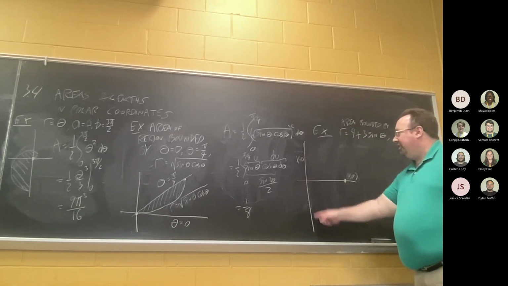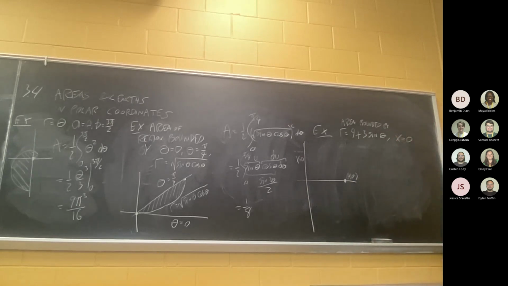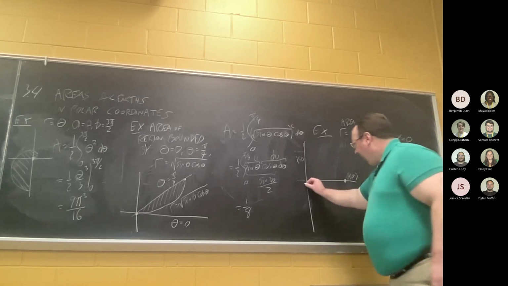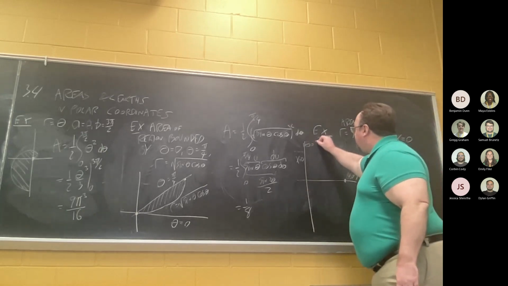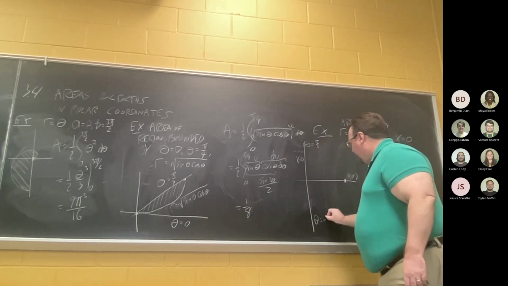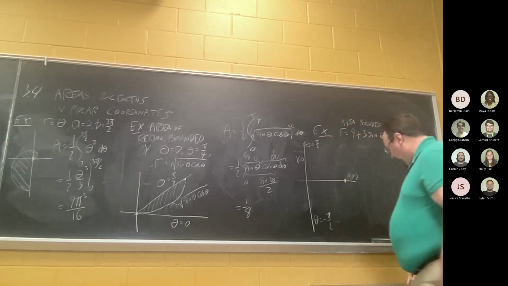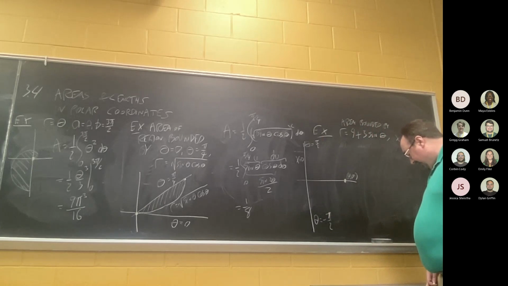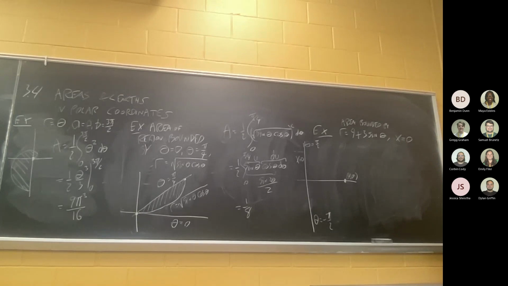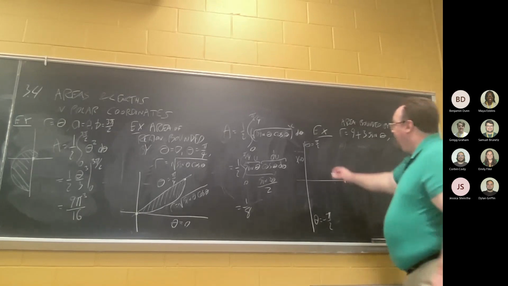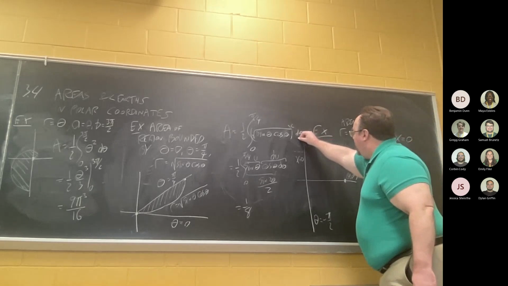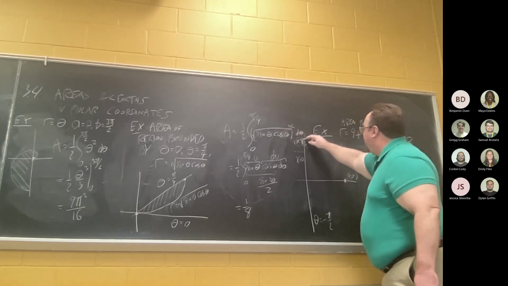But keep in mind, the y-axis, what angles does it correspond to? Yes, 3 pi over 2, or by periodicity, minus pi over 2. So here we have theta equals pi over 2, theta equals minus pi over 2. As far as how the polar curve behaves, when theta is equal to pi over 2, we're going to be up here at (0, 7).